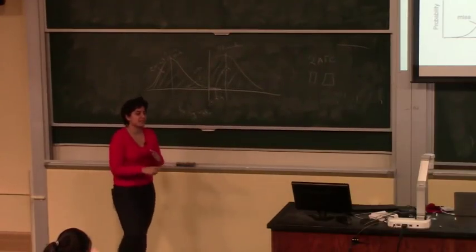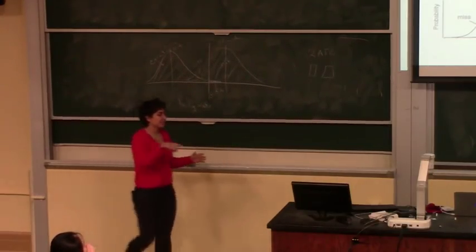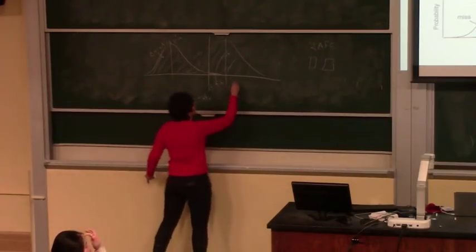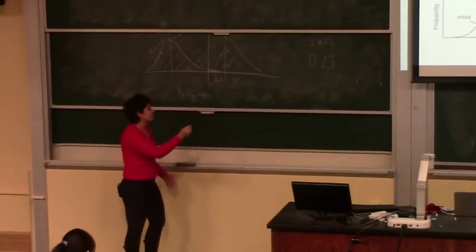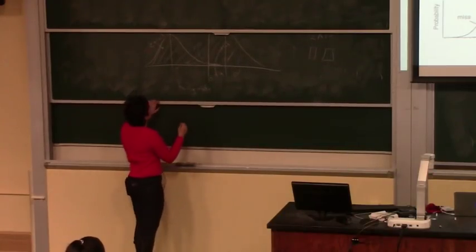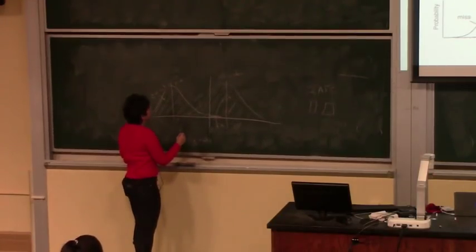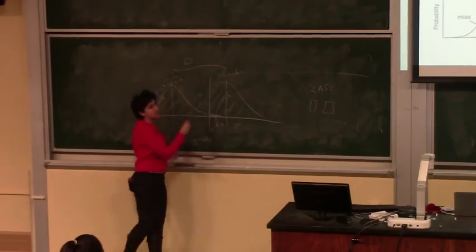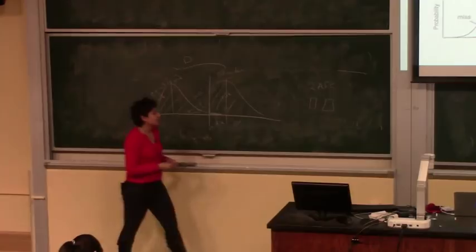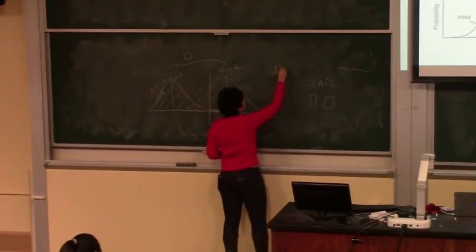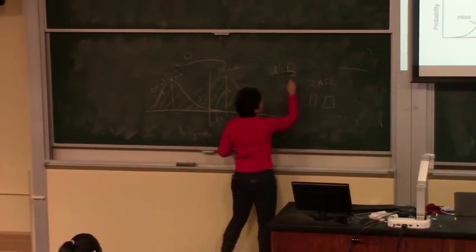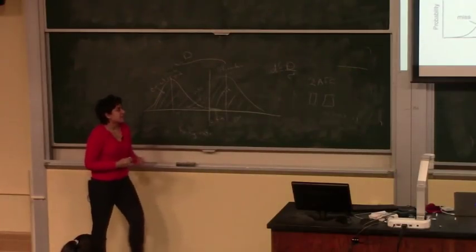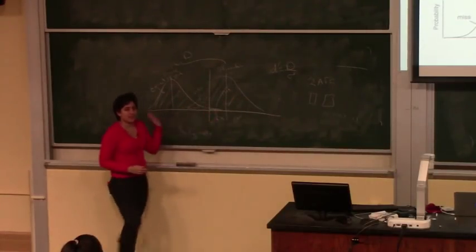So the standard error is the same in both curves. Now, big D is the distance between the two means. So the D prime is D over the standard deviation, right? So it measures how far these curves are from each other.